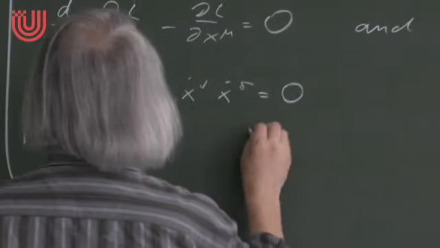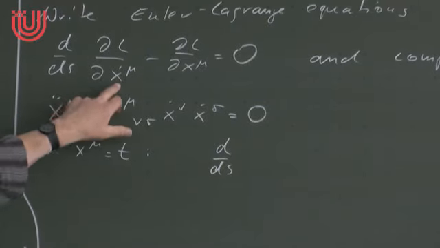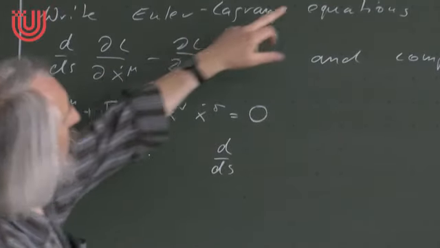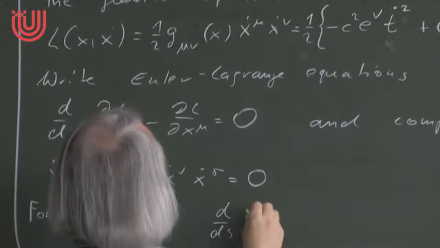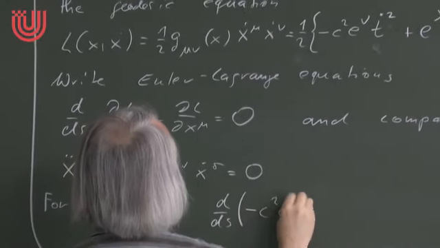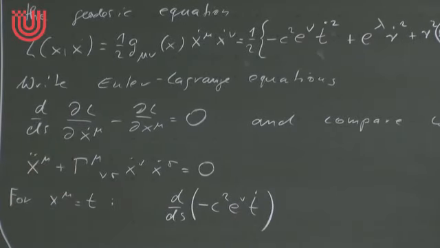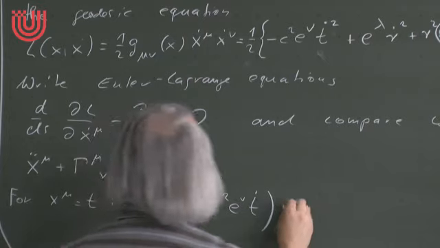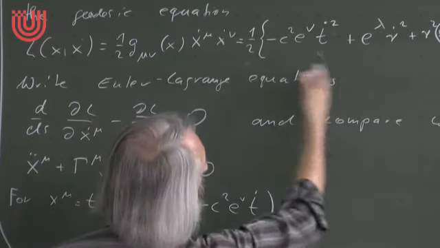So what do we have to calculate? d by ds. Now x mu is now t. So I have to differentiate L with respect to t dot. So then the 2 kills the 1/2, and I get minus c squared e to the nu t dot. Right? This is this here. And then minus dL by dt. x mu is t now. Do you see a t?